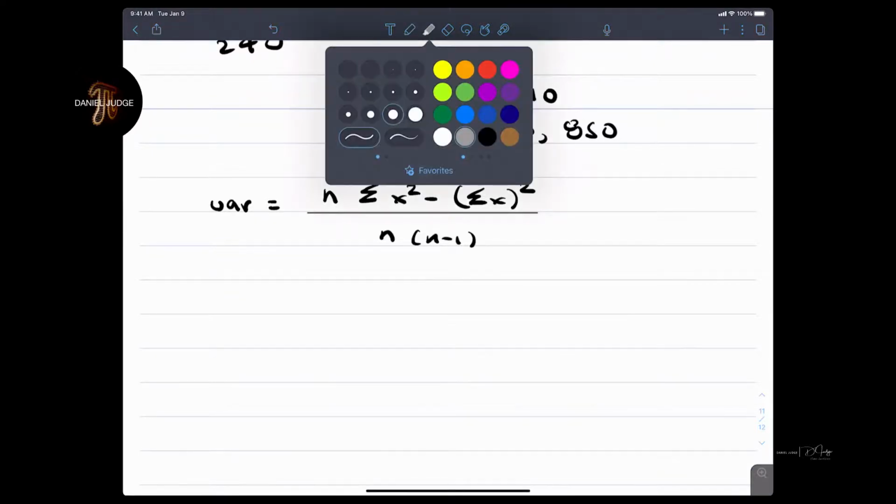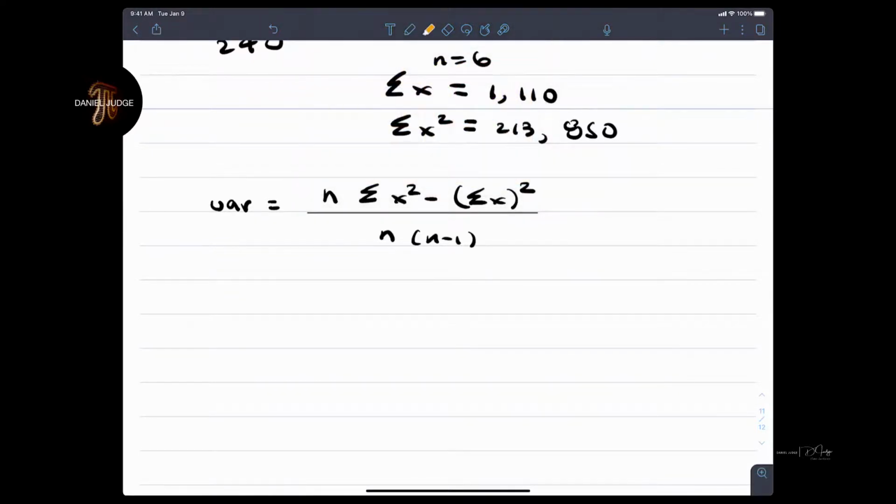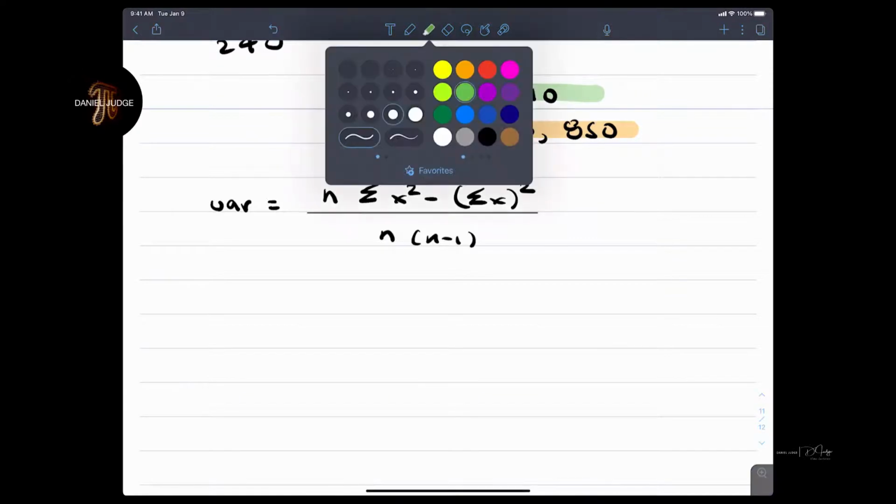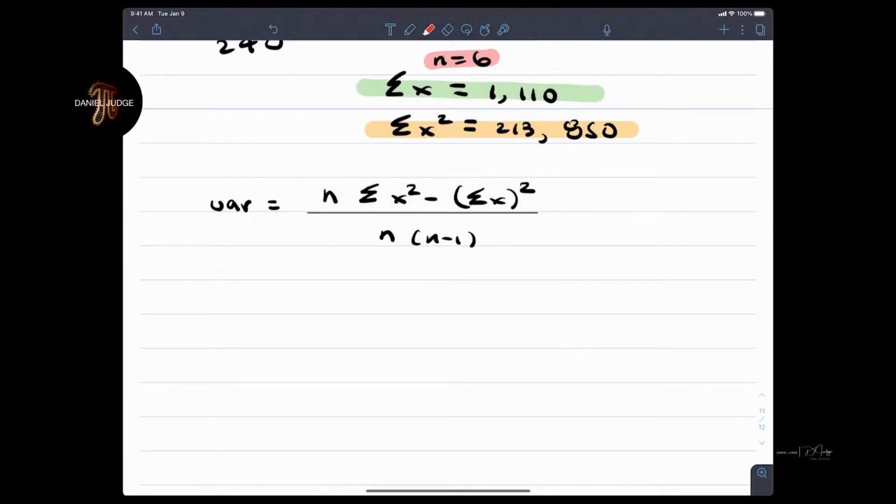So we have now, in orange, what we need. In green, what we need, we have the sample size here. N is 6. So just plug everything in. 6, 6, 6 minus 1. 213,850.